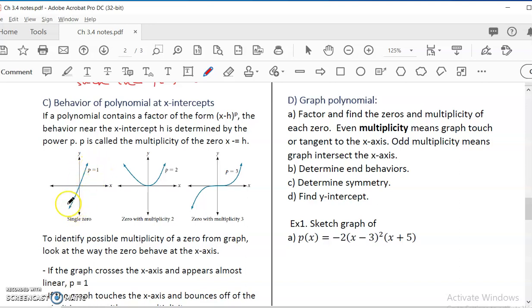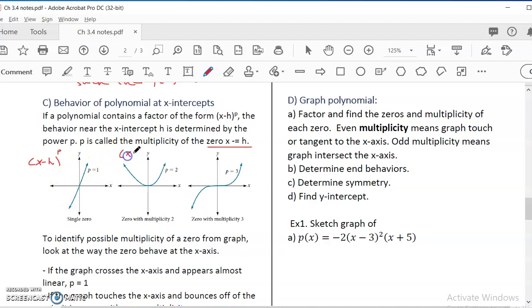Then we know that this must be a zero with a power of 1 in the factor x minus h, where h is the zero. So the power here is 1. The graph will show something like this.